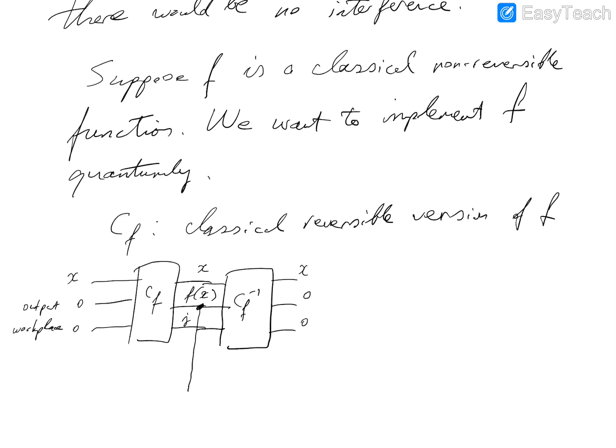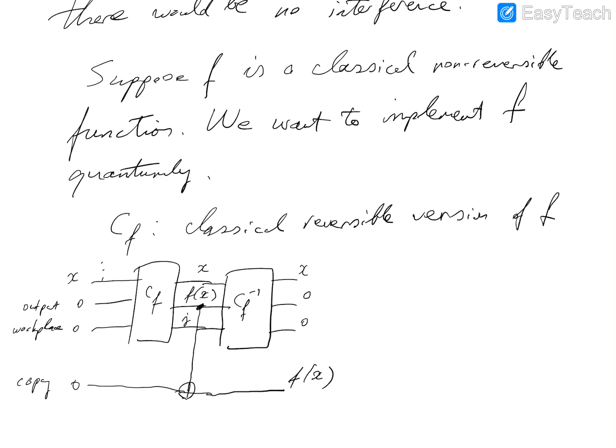So we take a CNOT with f of x and 0, the copy wire, and the input is 0. And we take the CNOT of 0 and f of x, and we carry the wire here and obtain the output.